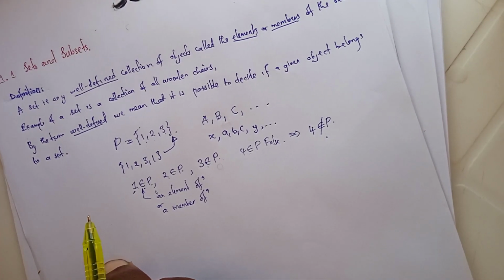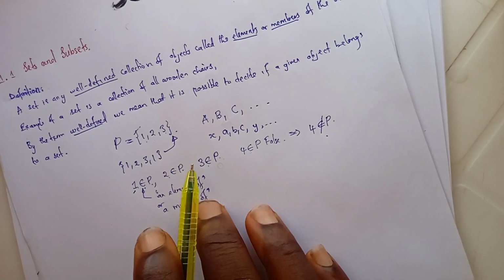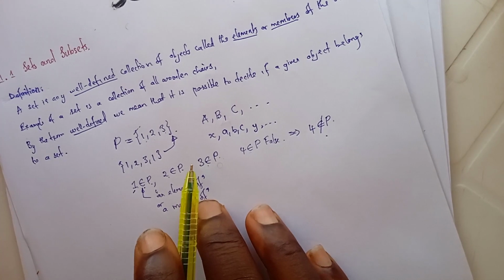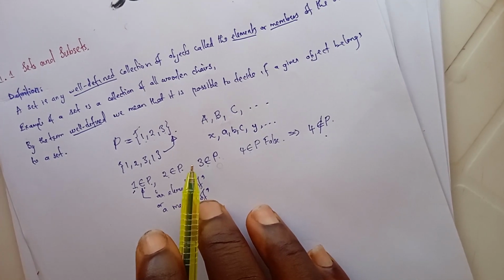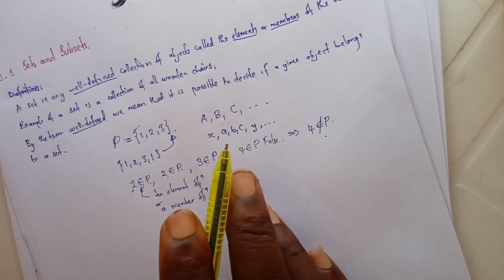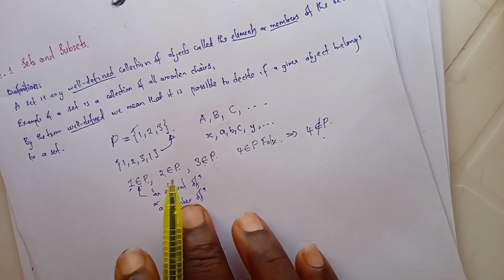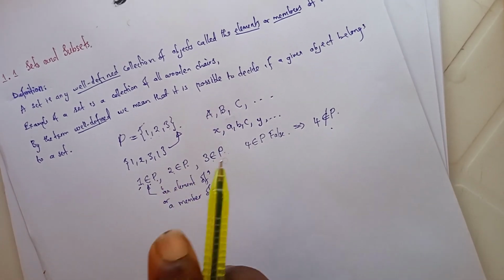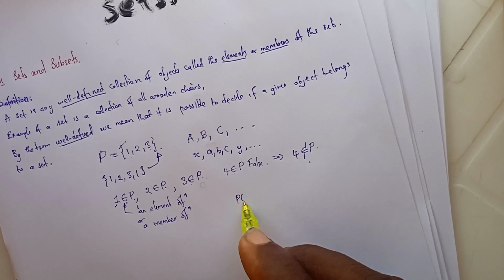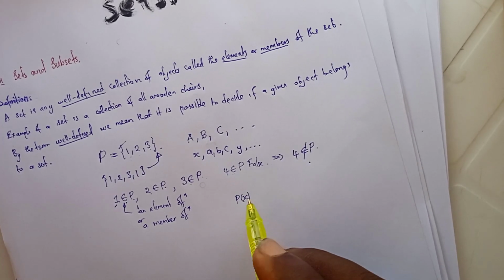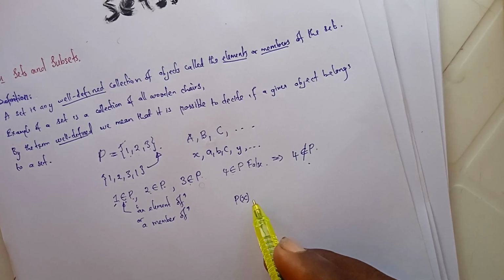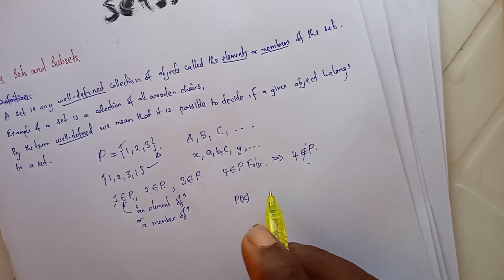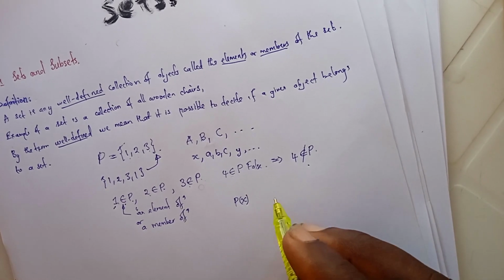Sometimes it is inconvenient to denote a set by listing all of its members. Another useful way to define a set is by specifying a property that the elements of the set have in common. We often use the notation P of X to denote the property that the elements of a particular set have in common.